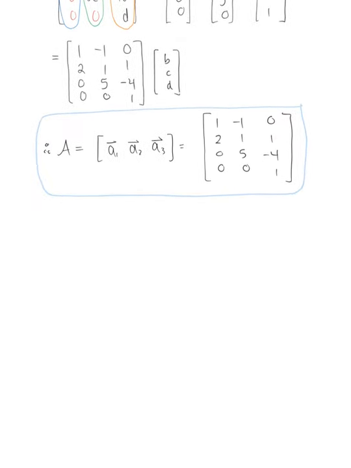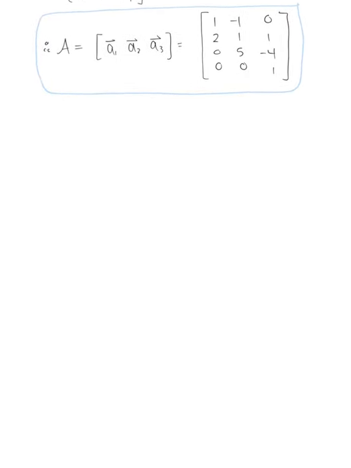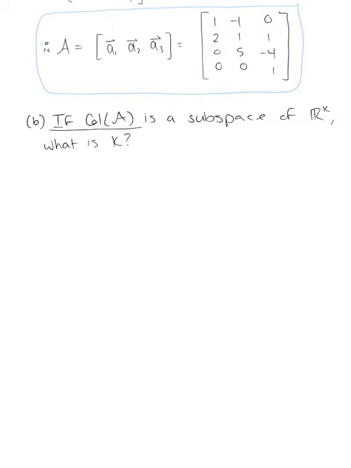So we are ready now, keeping this matrix A in mind, to look at part B. Part B asks us, if the column space of A is a subspace of Rk, what is K? We want to keep the theorem for the column space of A in mind here.